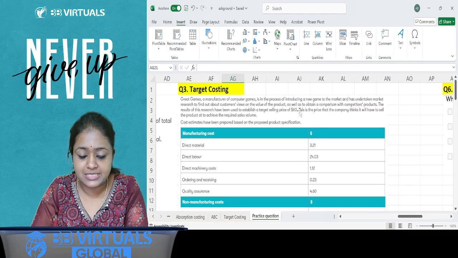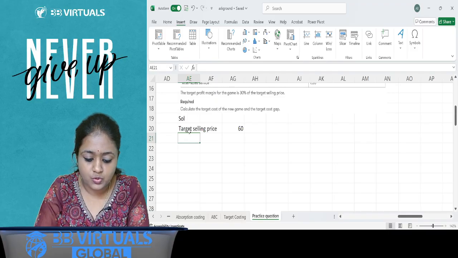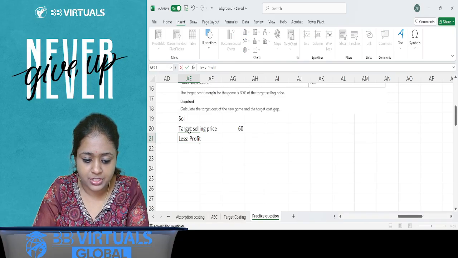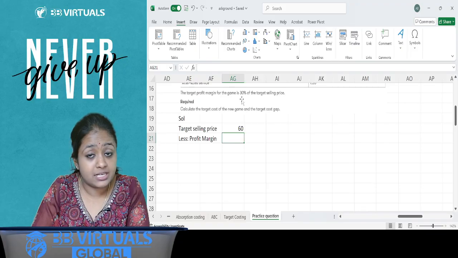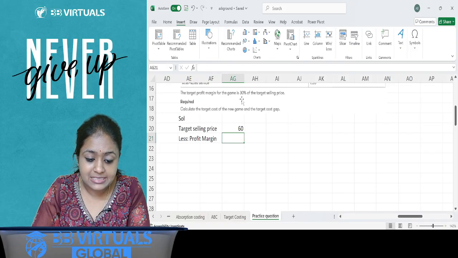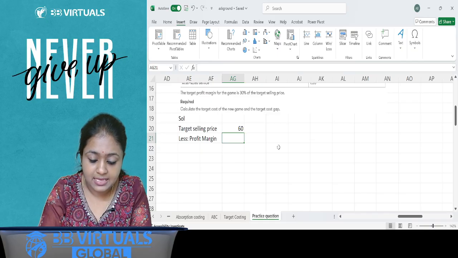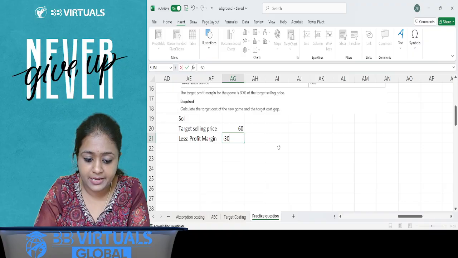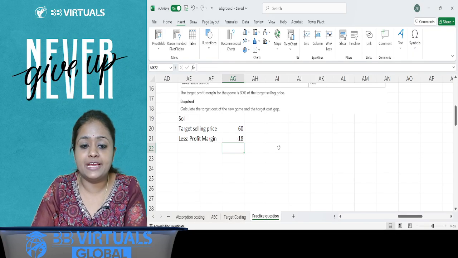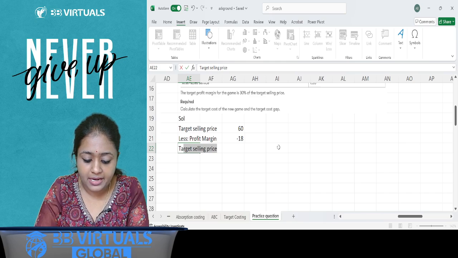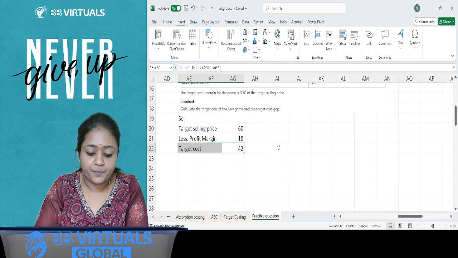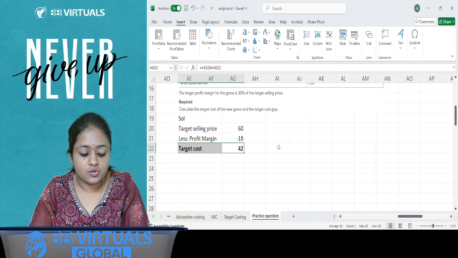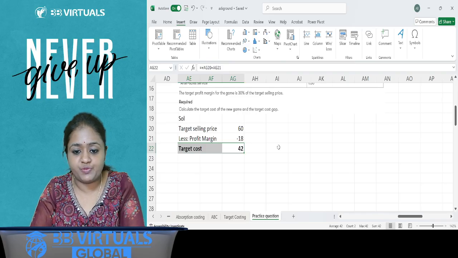Here it is mentioned 60. Now let's reduce the profit margin. The question gives me the estimation that the profit margin is on sales, remember? So that is 30% of the target selling price. So I will take 30% of target selling price, which is 18. So I get my target cost is 42. Clear till this point? So now we are absolutely clear that my target cost is 42.